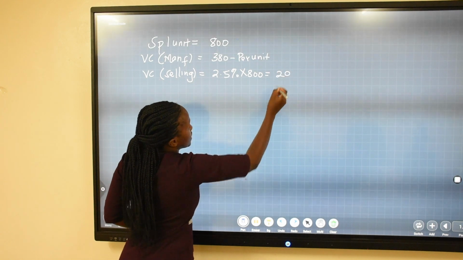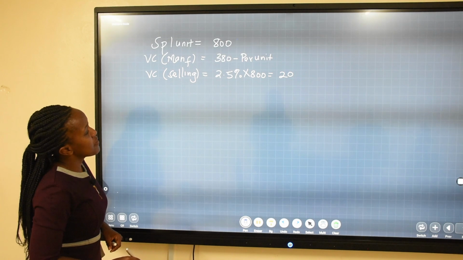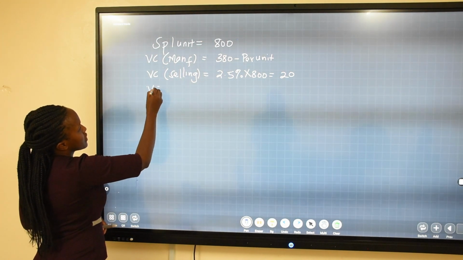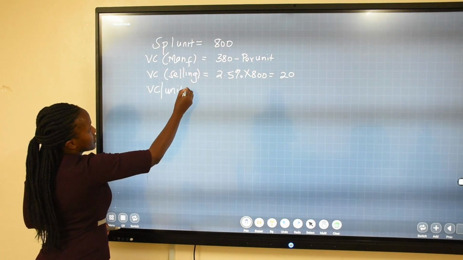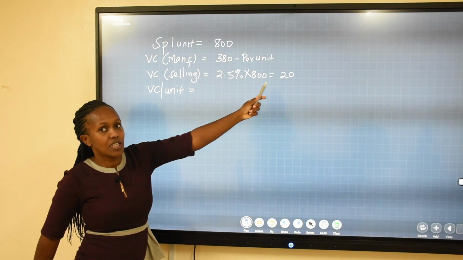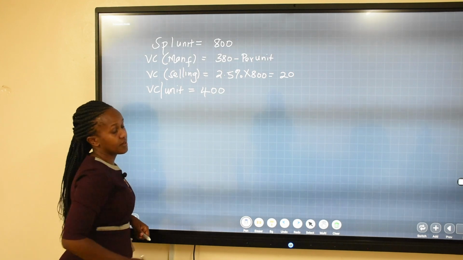This is going to give us 20. Therefore, we can say that total variable cost per unit, in total, is the sum of 380 plus 20, giving us total variable cost of 400.